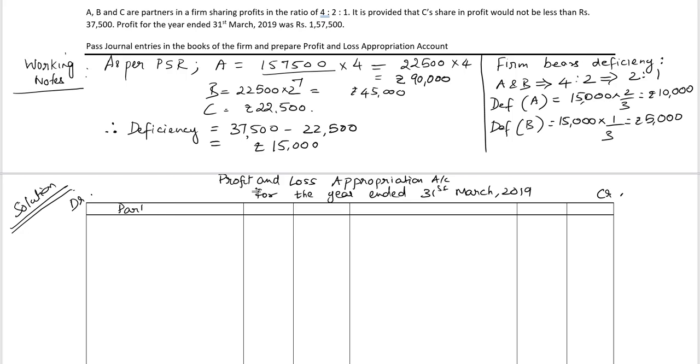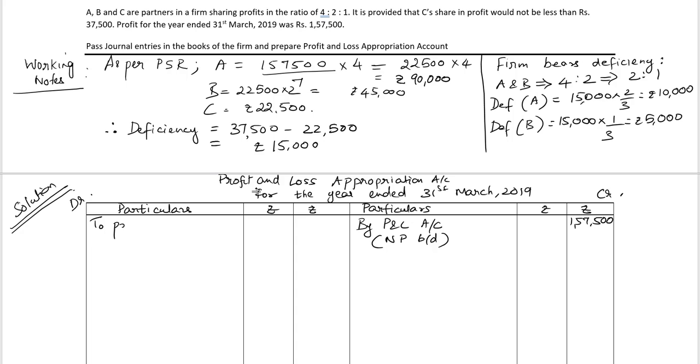On either side, particulars, inner column, outer column. We will bring down the profits by profit and loss account 1,57,500. Net profit brought down.